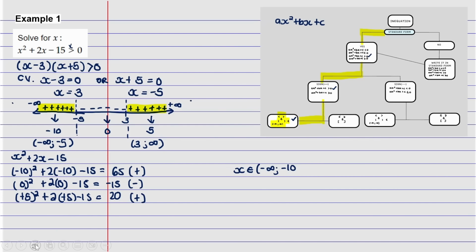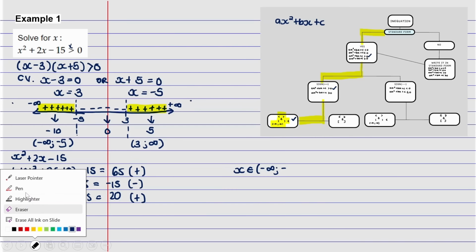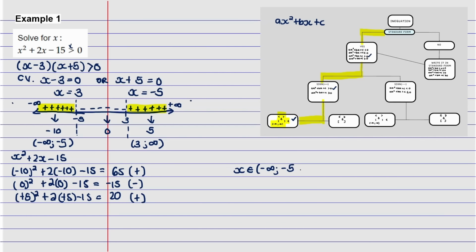Sorry about that, right? Then curved bracket. Then you're going to see, because there's another part, which is going to be from 3 till positive infinity. And this is how your final answer is going to look. I hope that makes sense.